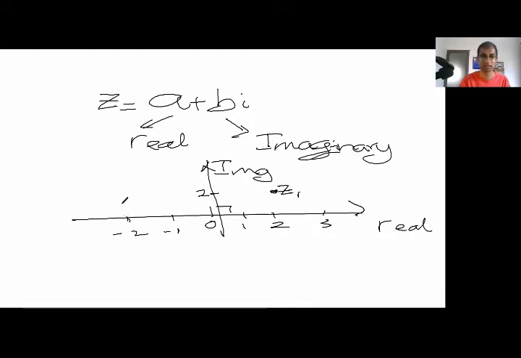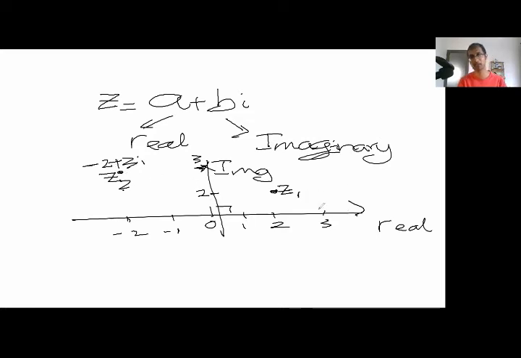Let's say I take a complex number, let's say we put it here, and this is 3. So this will be written as -2 plus 3i. And this complex number, we're going to call it Z2. So Z2 is -2 plus 3i, and it's located here.